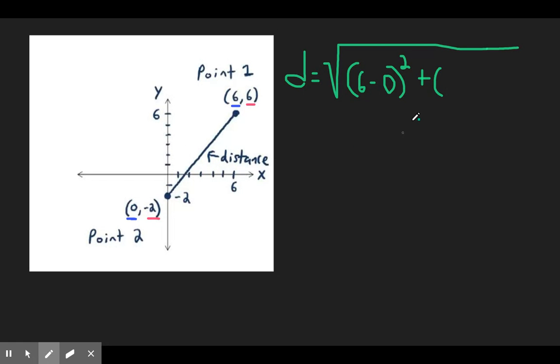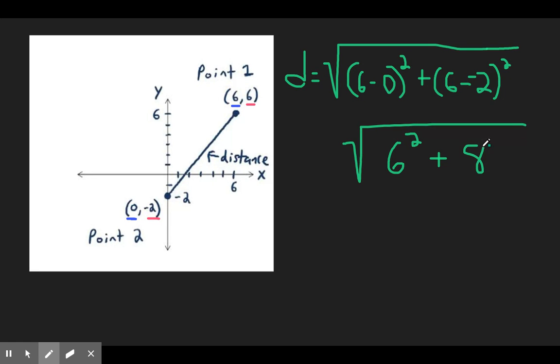So 6 minus negative 2 squared. So this is going to become taking the square root of 6 squared plus 8 squared, which is 36 plus 64.